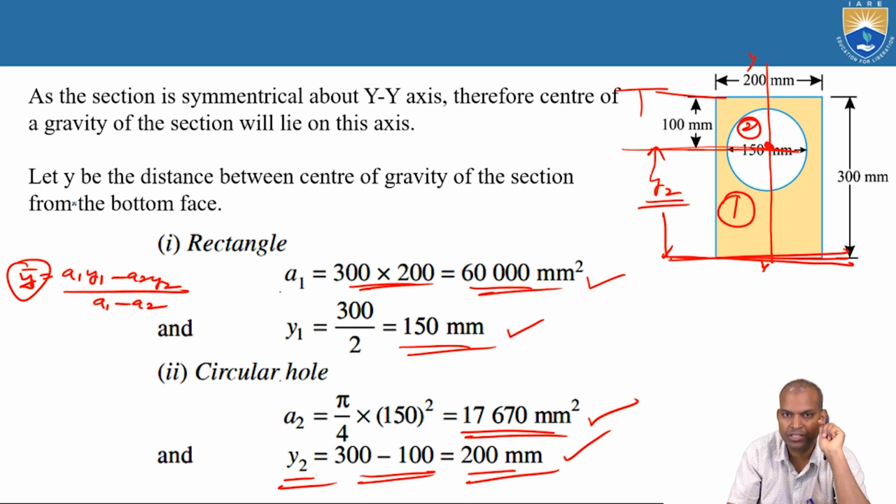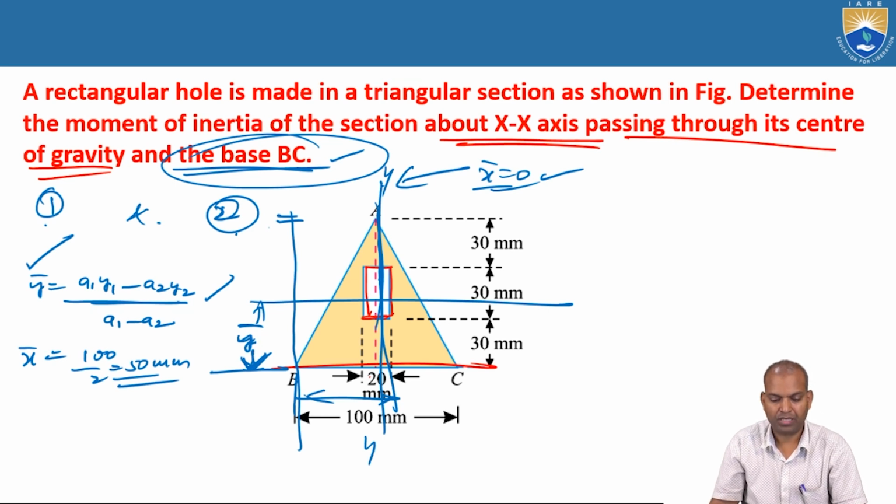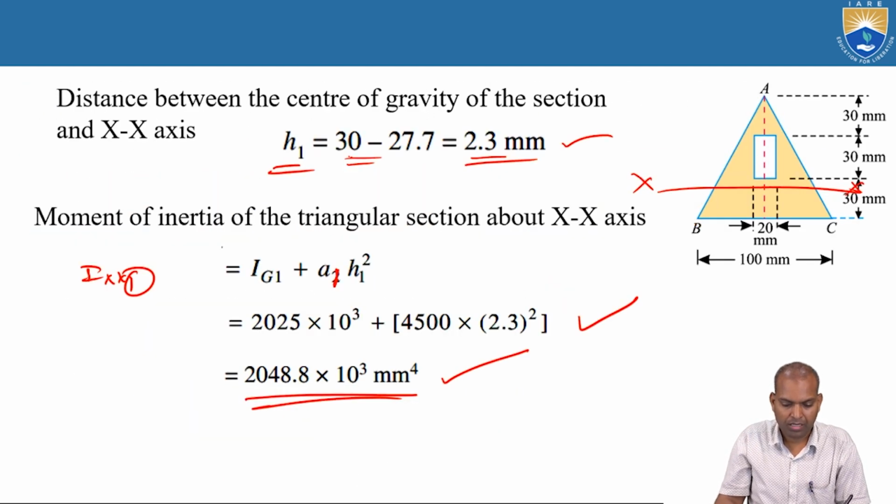The second hollow section has 1 line of symmetry, and the third hollow section is also 1 line of symmetry. That is a triangle, and the first 2 problems are rectangular sections, and the third problem is a hollow triangular section. Okay, a rectangular hole is made in a triangular section.